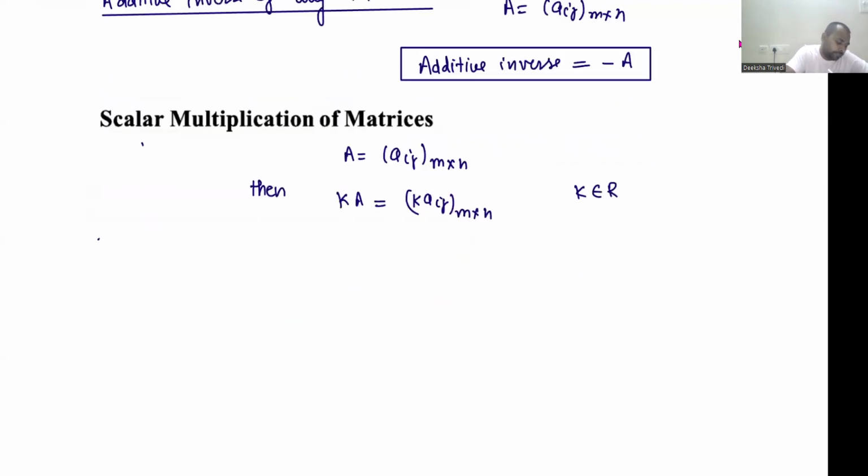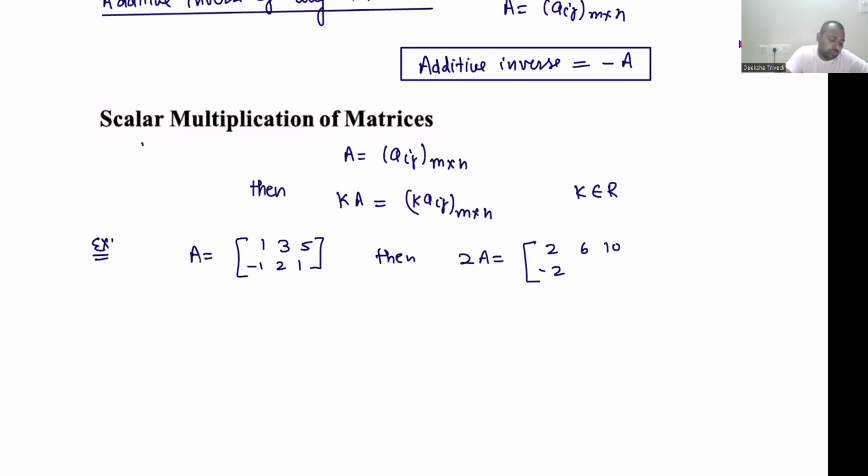For example, suppose we have one matrix 1, 3, 5, minus 1, 2, 1. Then if we need to find 2A, then 2 is multiplied with all the elements. So that is 2, 6, 10, minus 2, 4. Correct?